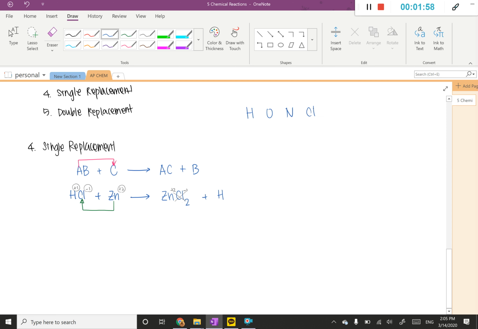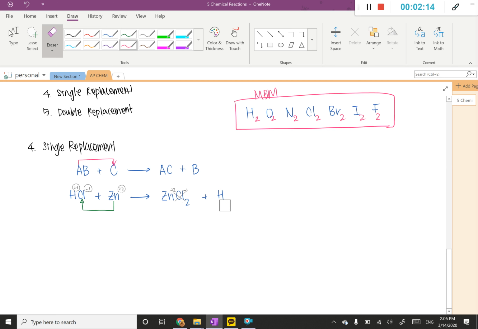Remember that these are all diatomic molecules, so they never, ever exist on their own. You had to memorize this. So again, hydrogen down here will not be by itself. It will be paired up with itself.